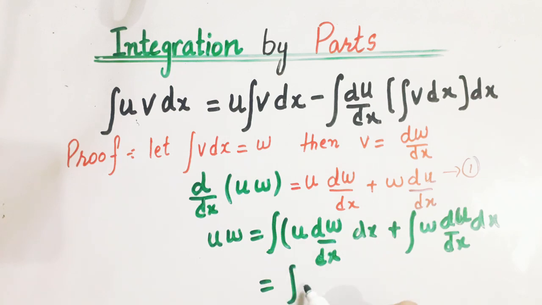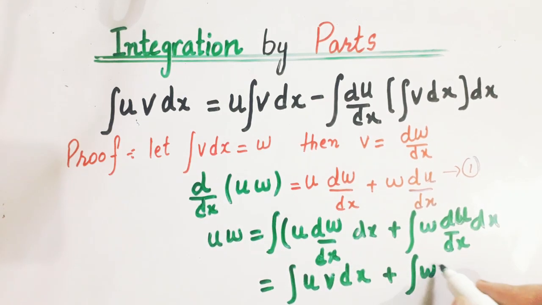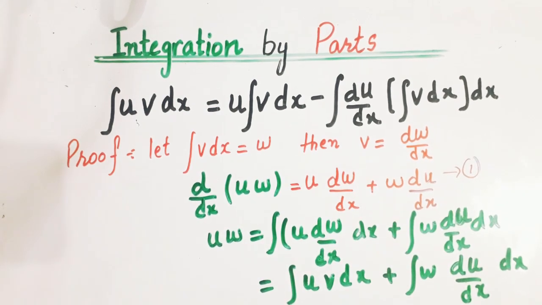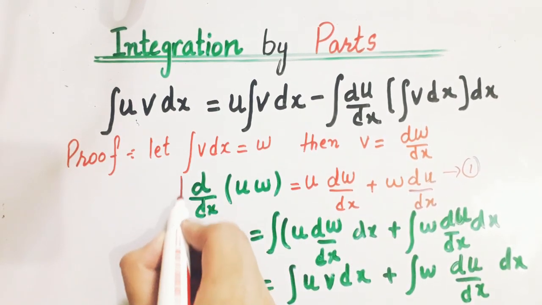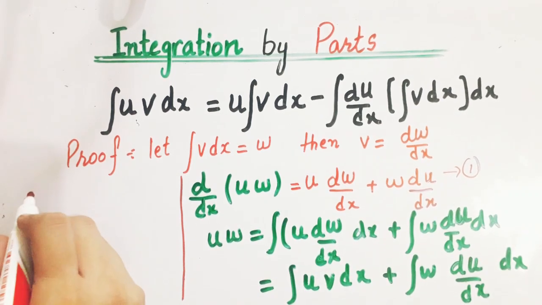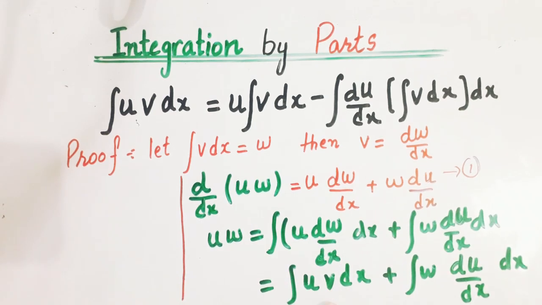So this will become the integral of uv dx plus the integral of w du by dx dx. So in this way we have this remaining on the left hand side, and the remaining term will be subtracted on the right hand side.